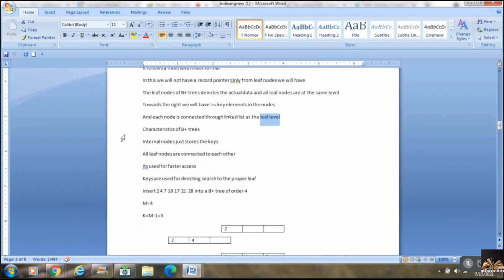Now, talking about the characteristics of B plus trees, I told you internal nodes just store the keys. All the leaf nodes are connected to each other.